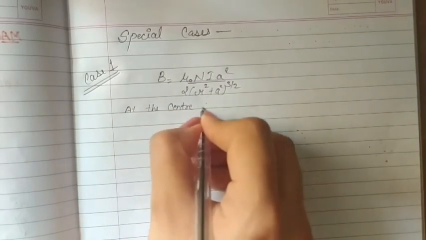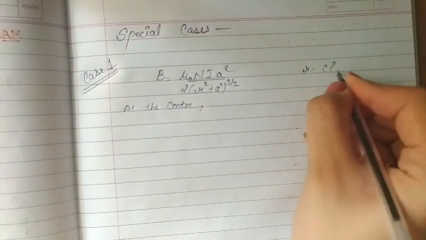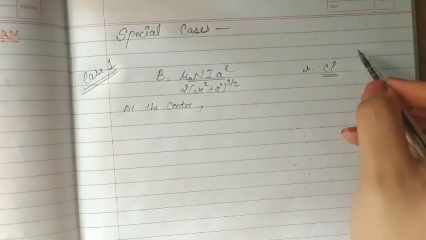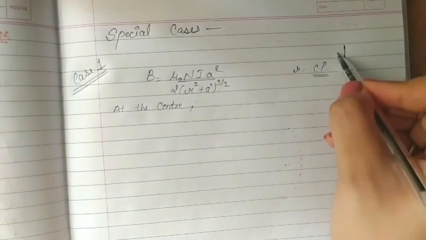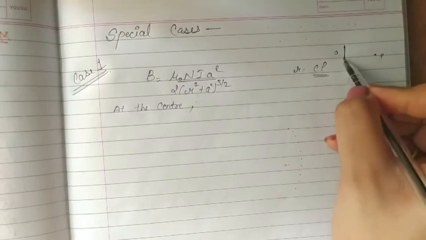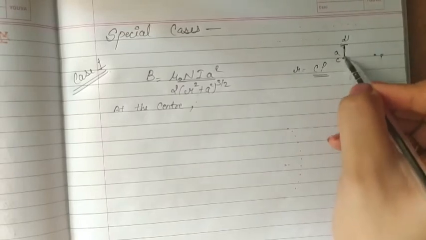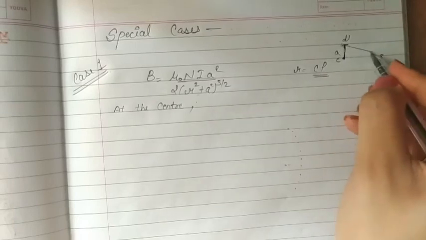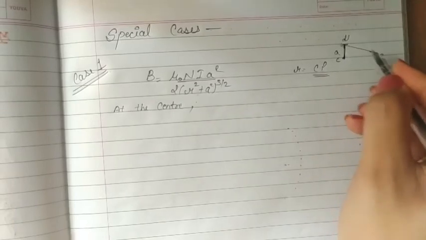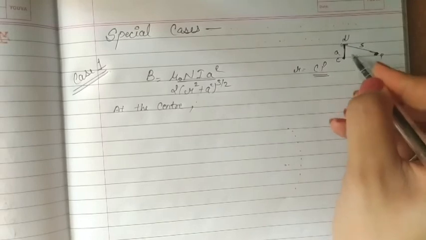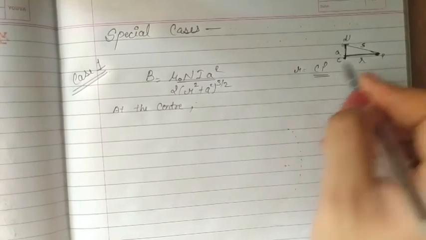If you want to find it at the center of the loop, so when you talk about the center, the distance r, that is the distance from C to P. So r is actually the distance C to P. We have the diagram like this, right? Here was the radius a, this was point P, this was point C, and the current element dl. This was the radius, and the distance of point P from this current element is S, and this CP is r.